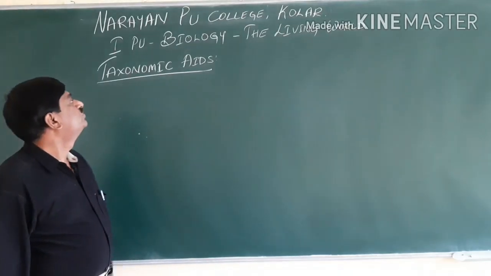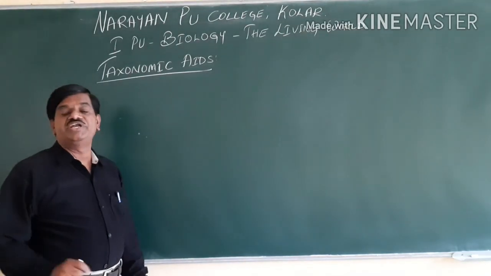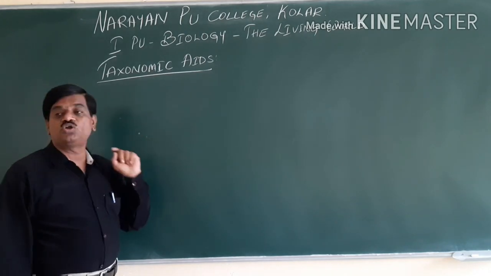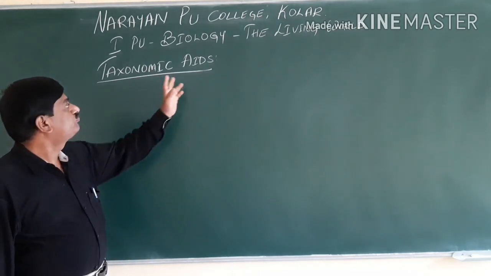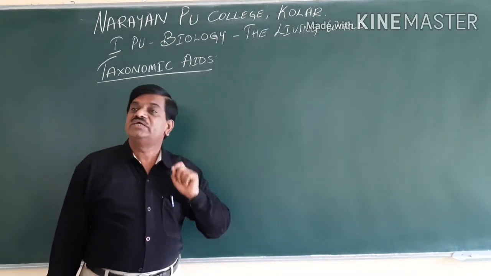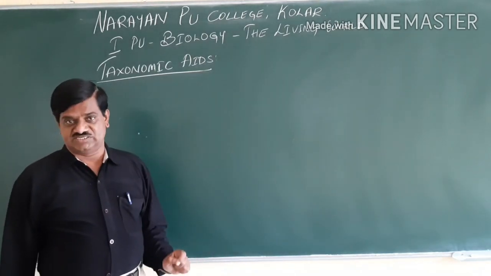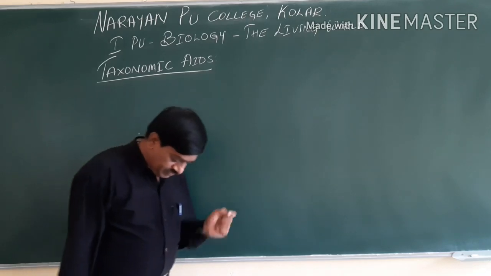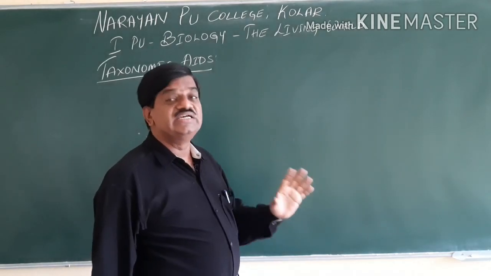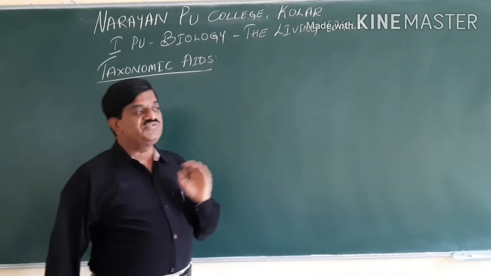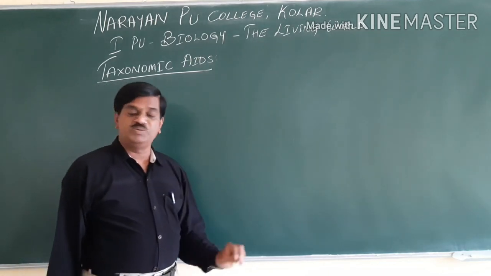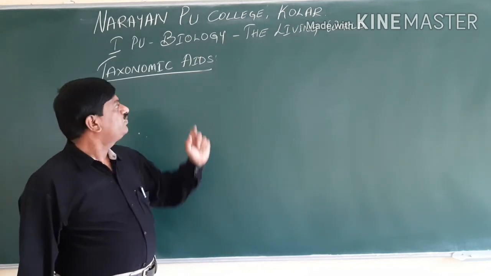Hello students, we'll go for the next studies called taxonomical tools or taxonomical aids. Now we know that all the plants and animals cannot be studied under a single heading, so we classify them into different species or different groups.